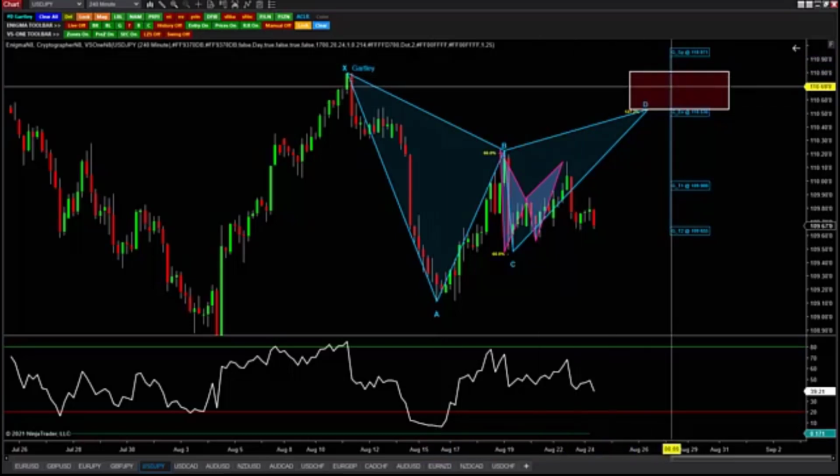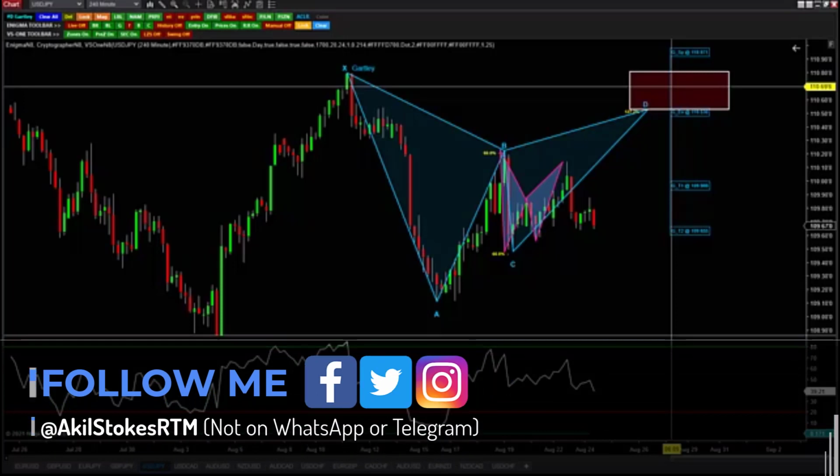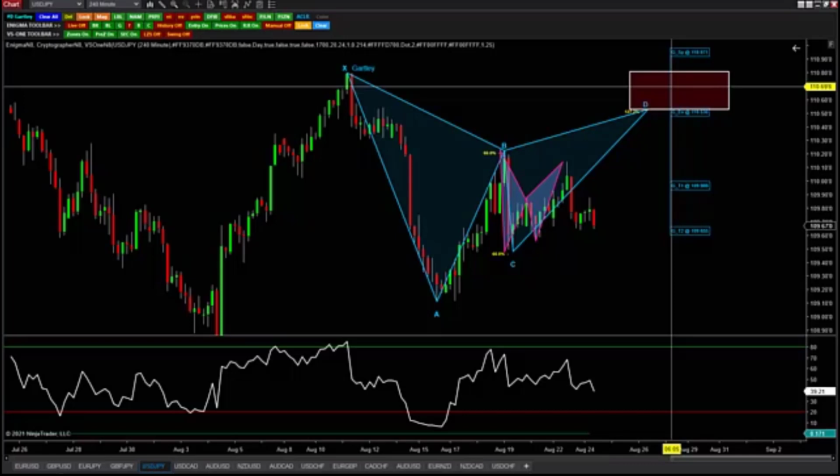I was talking to John the other day about cipher patterns specifically, and he was looking for different filters of ciphers and trends and moving averages. Honestly, I don't use any filters for patterns.